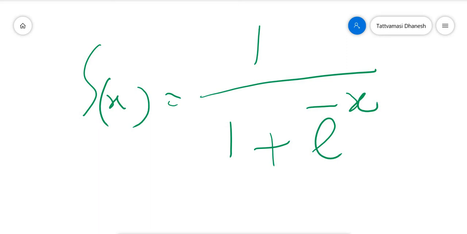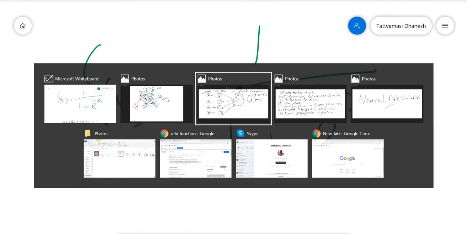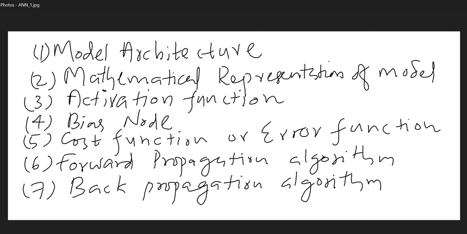In more detail about these activation functions we will discuss later. This is the architecture of the neural network. Still we have to cover a lot of things: the mathematical representation of this architecture, in-depth activation functions, the common types and how they work, bias node, cost function, the forward propagation algorithm, and the backward propagation algorithm.